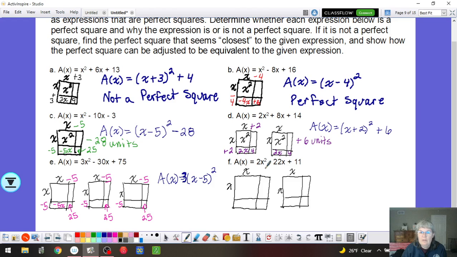Now that's 11. So we're going to have an odd number that we break up here. That means I have 11 over 2, a minus 11 over 2, to be subtracted from each side. And I'm using fractions here so that you get used to seeing fractions and you can practice working with them.